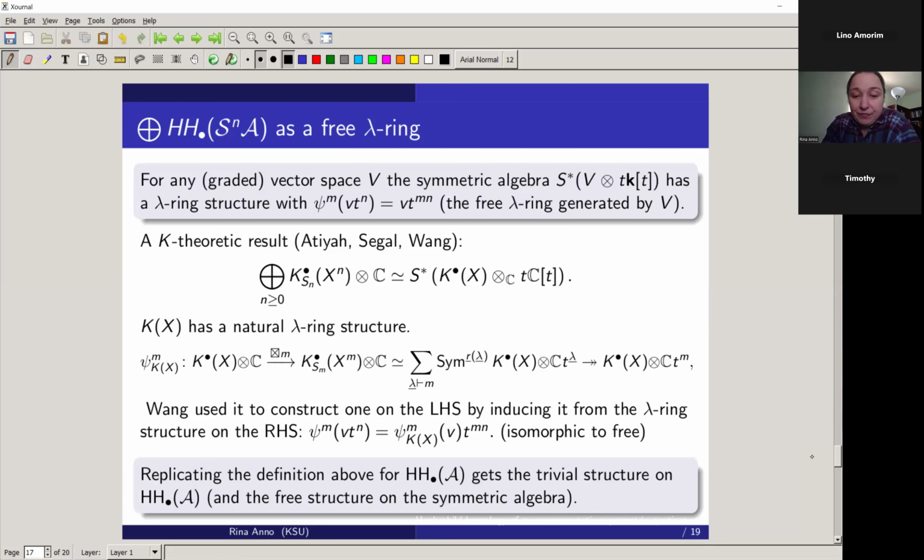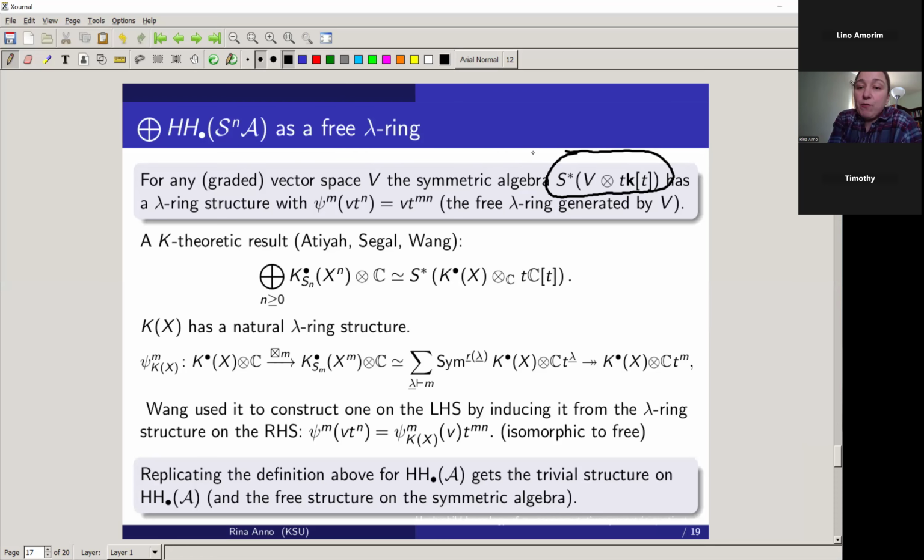And then one uses it to construct the lambda ring structure on the left-hand side. Now, the right-hand side, especially so in our case, so well, any symmetric algebra, tensor, this TKT, has a lambda ring structure.